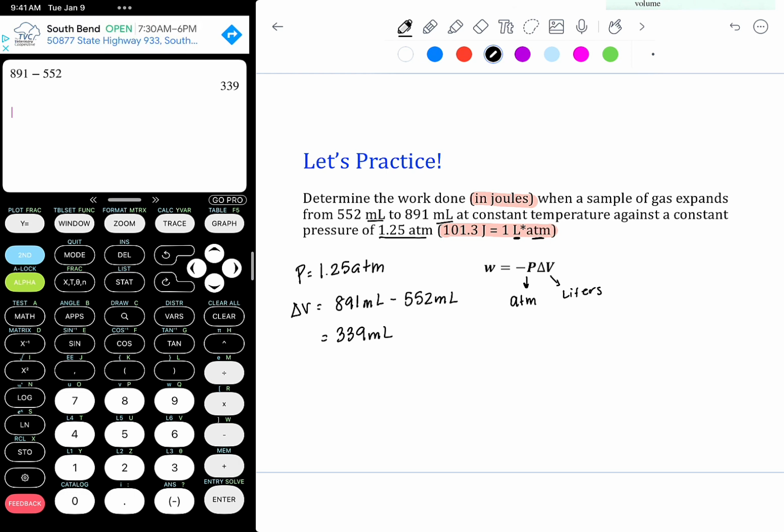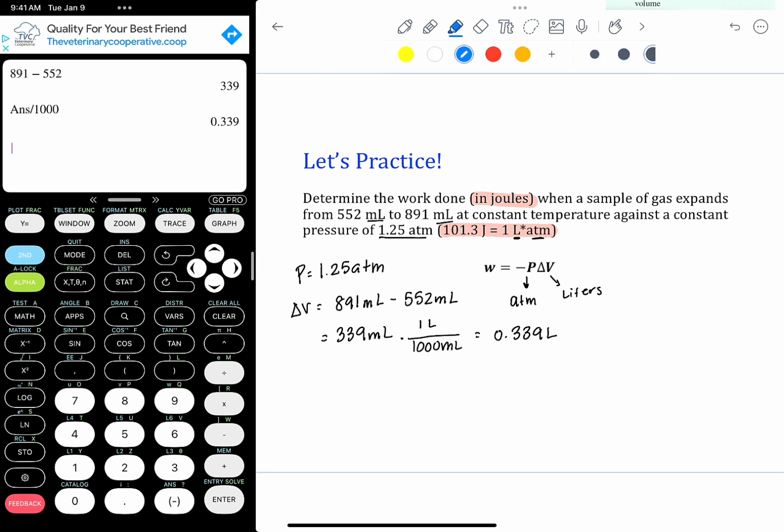We will then convert that milliliters to liters because we know that in 1 liter there's 1,000 milliliters. So we'll divide that by 1,000 to get 0.339 liters.